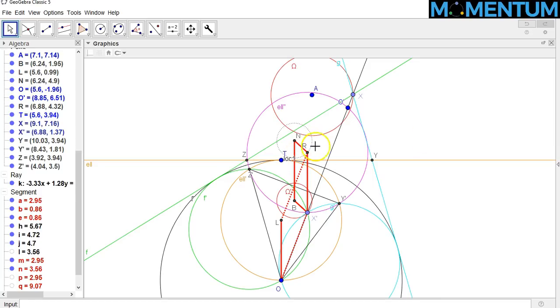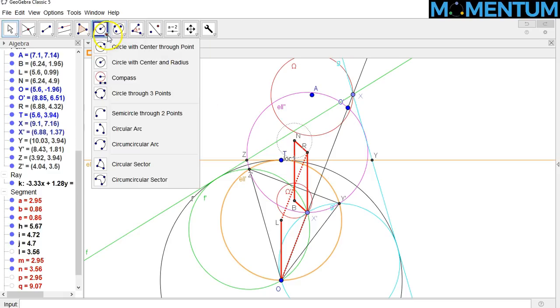So finally, the circle of interest would have a center here, and then radius equal to, well, the radius of gamma, right? So the gamma over 2, or maybe I should say L, okay, minus NR. So therefore, the little circle will be, okay, so let me draw that circle.